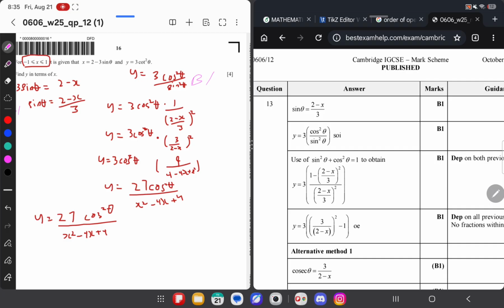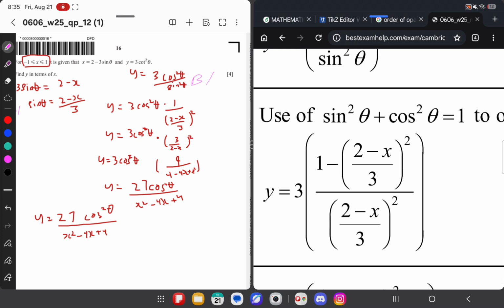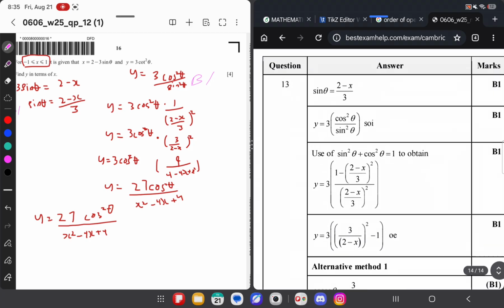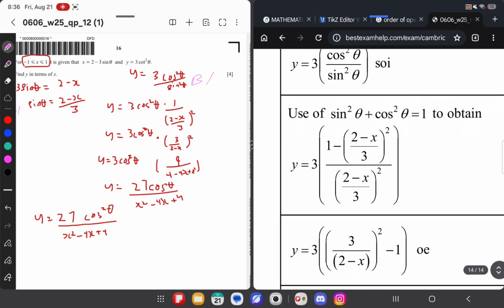Use of sine squared plus cosine squared. Oh, this is like a bit of a big chunky ball. Y is equal to 3. Input this big of a mess. Yeah, you can see he's trying to fix it.